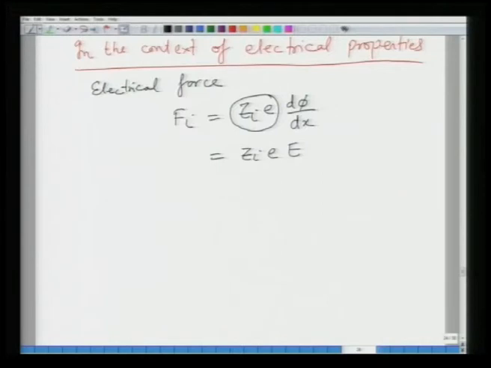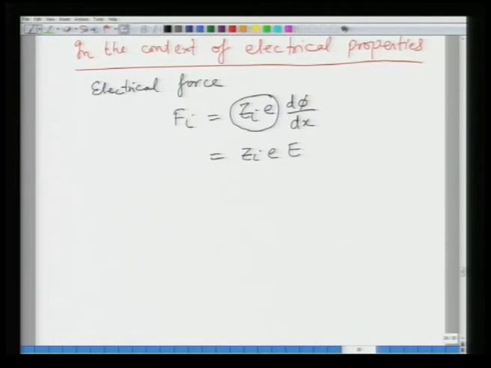So, Zi e is the total charge. Zi is basically the valence of the species, and e is the electronic charge.